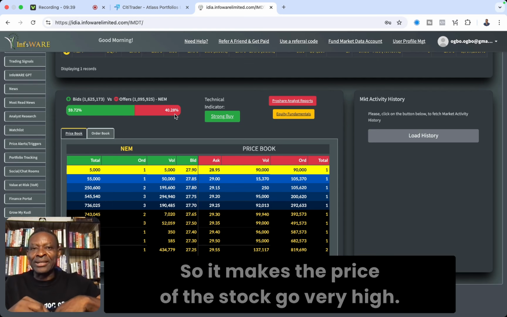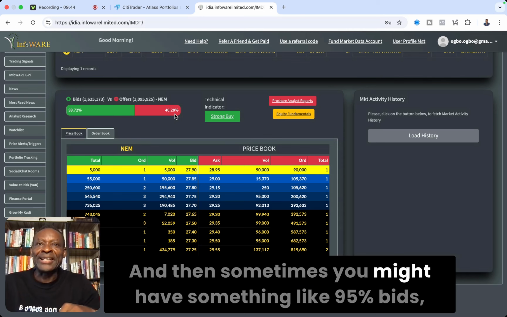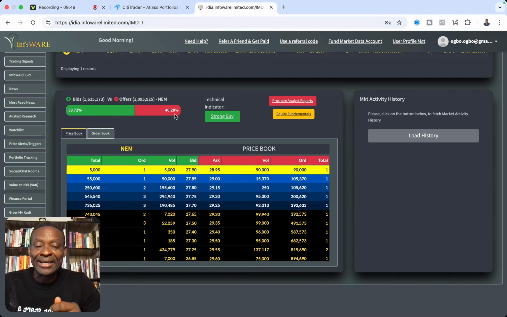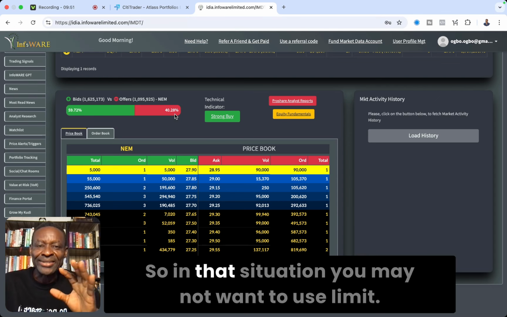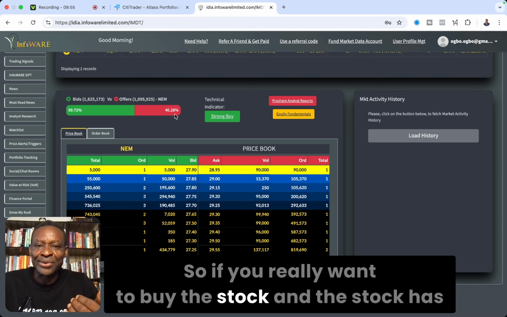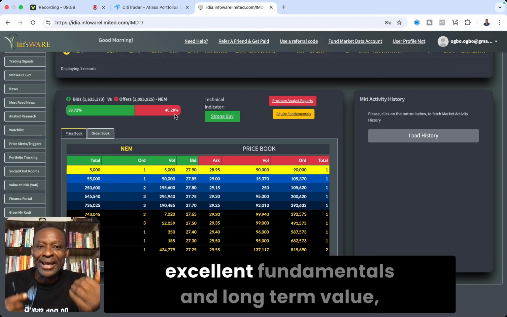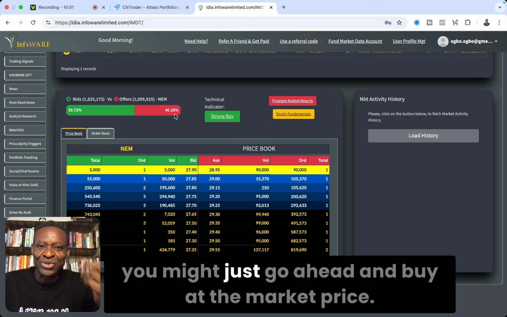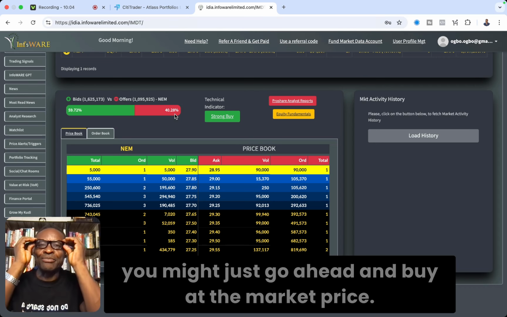So it makes the price of a stock go very high. And then sometimes you might have something like 95% bids and only 5% offer. In that situation, you may not want to use limit. So if you really want to buy the stock and the stock has excellent fundamentals and long-term value, you might just go ahead and buy at the market price.